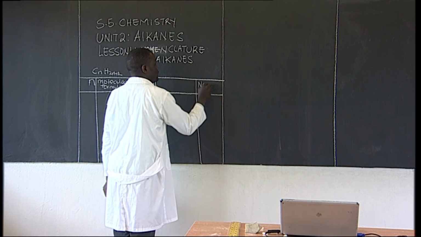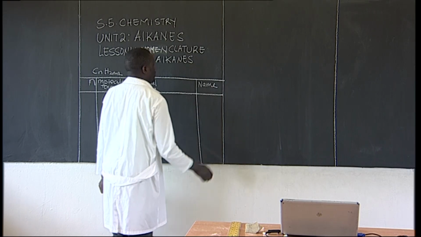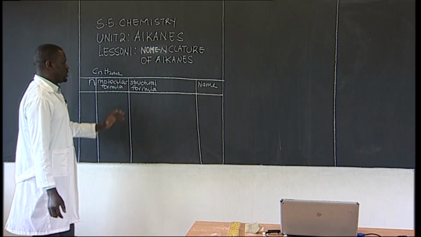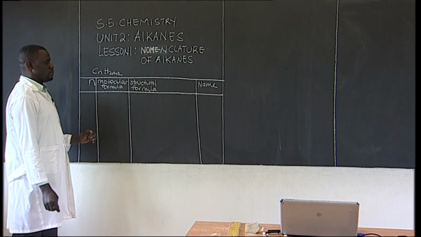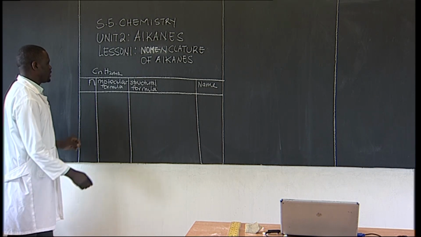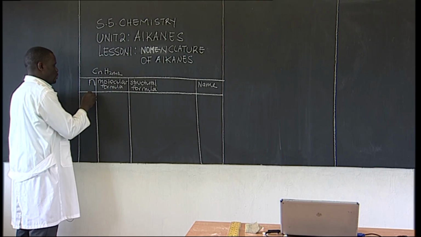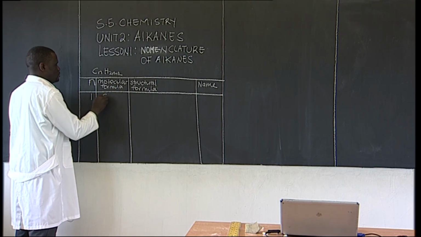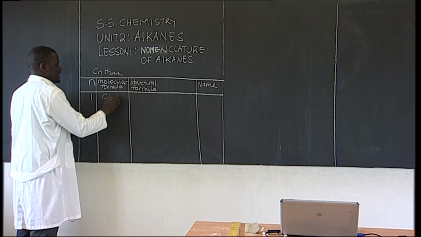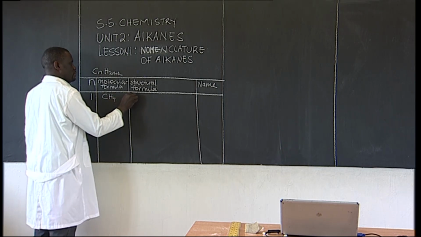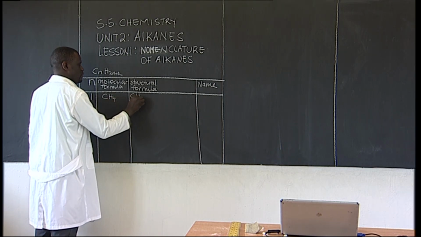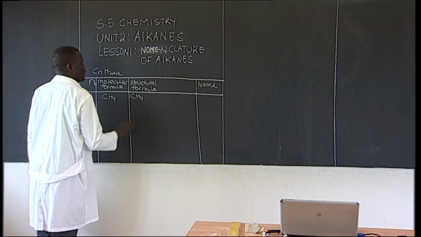So before we name them using rules, there are names we normally focus on. Like for example, here we have number 1. Our number 1 will be CH4. And actually, the structure formula will also be CH4.